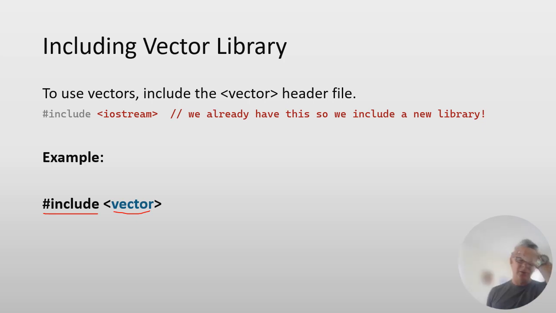This pound include goes above your header files as we see it, and you can put it above the using namespace std, or you can put it wherever you want. Just don't put it in a method or anything. And it says, hey, go find the vector library. And the compiler goes, oh, we found the vector library. And it's like, yeah, we can use vectors now. And then we have the ability to now declare a vector.